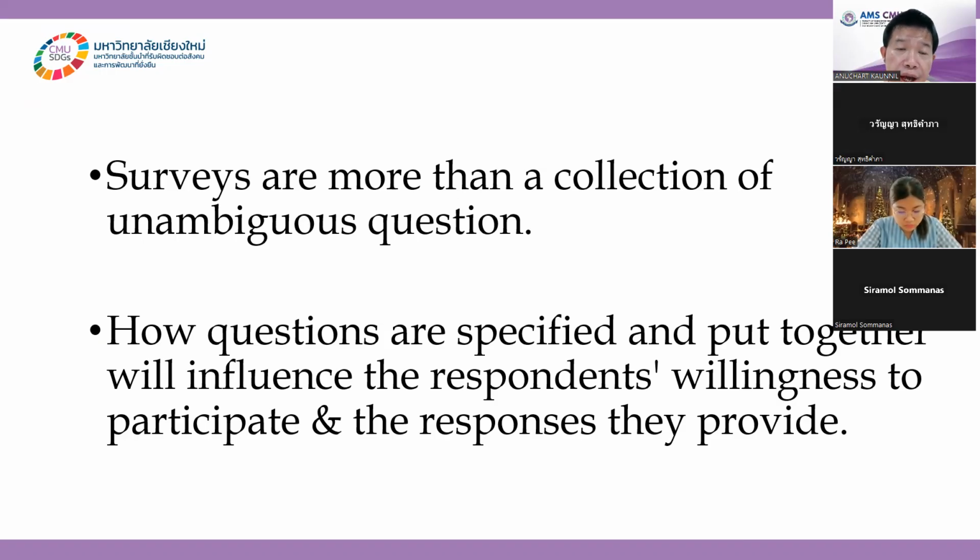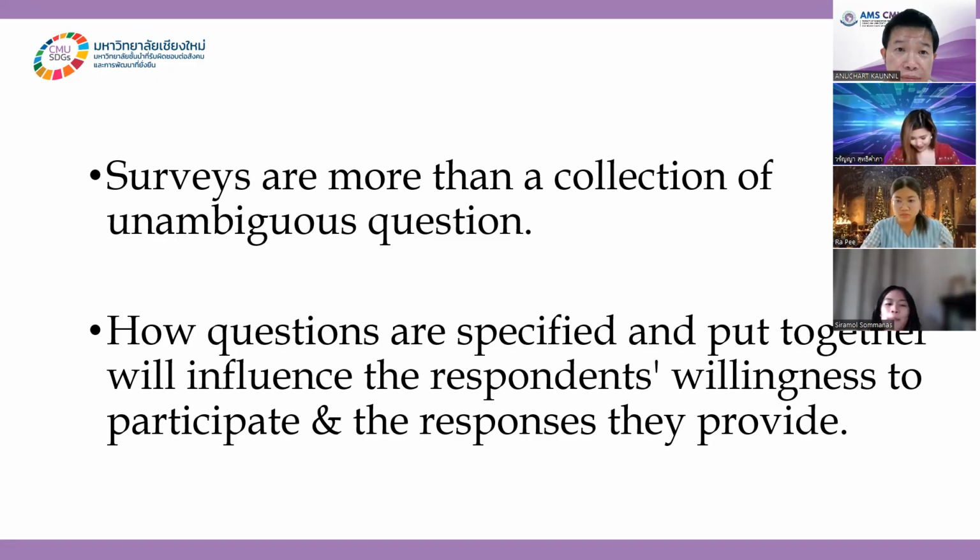Before we launch a questionnaire, it needs to pass the IOC, the index of item-objective congruence, with 3 experts. After that, they score -1, 0, and +1. After that, if you get 0.6 or above, it is acceptable. 0.8 is very good acceptance.